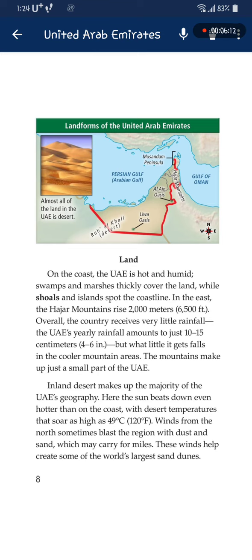Here, the sun beats down even hotter than on the coast, with desert temperatures that soar as high as 49 degrees Celsius. Winds from the north sometimes blast the region with dust and sand, which carry for miles. These winds help create some of the world's largest sand dunes.